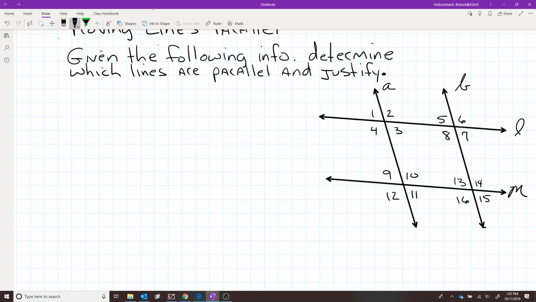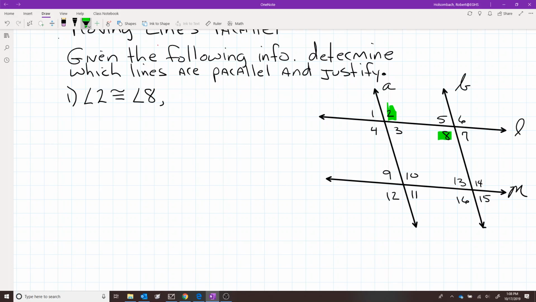Alright, so given the following information, determine which lines are parallel and justify. So the first piece of given information says that angle 2 is congruent to angle 8. So the first thing you want to do is find and identify those angles. So angle 2 is right here. There's 2, and there's 8.